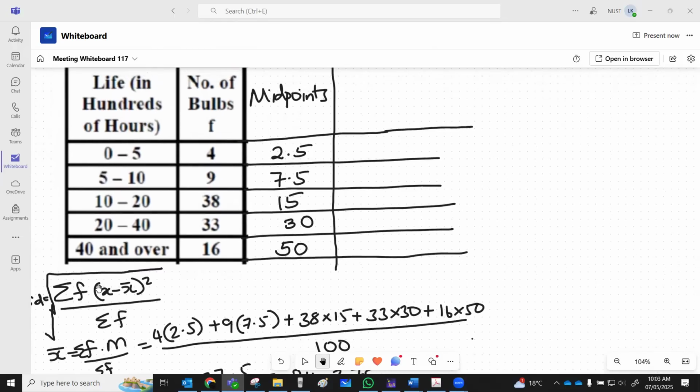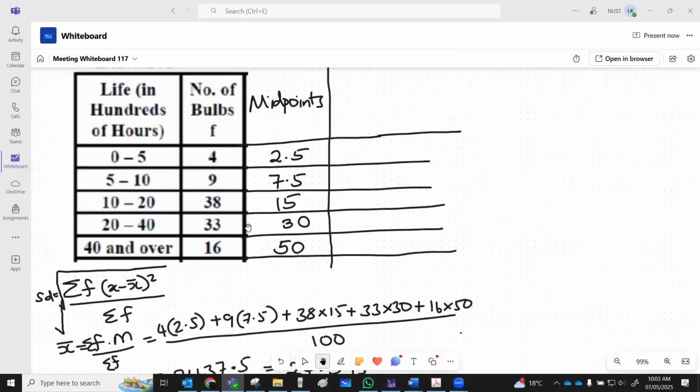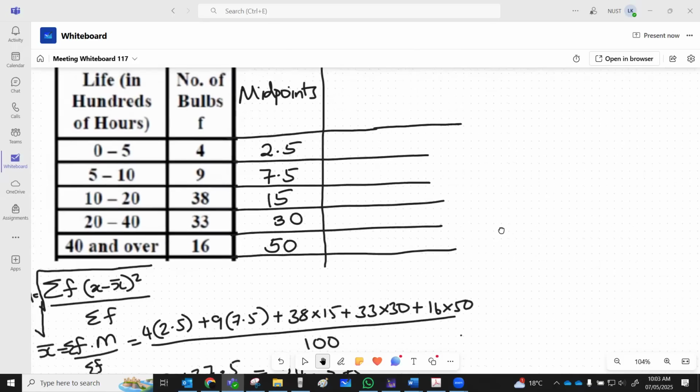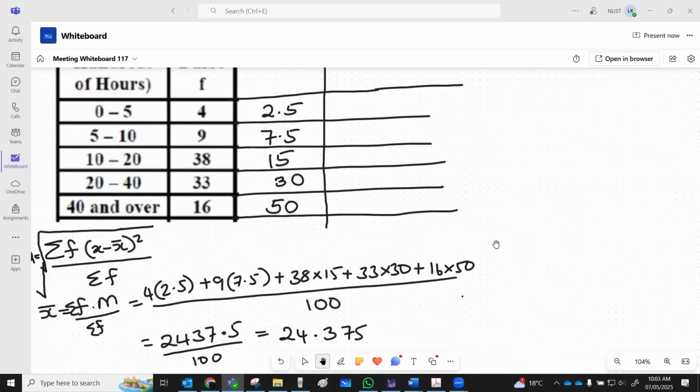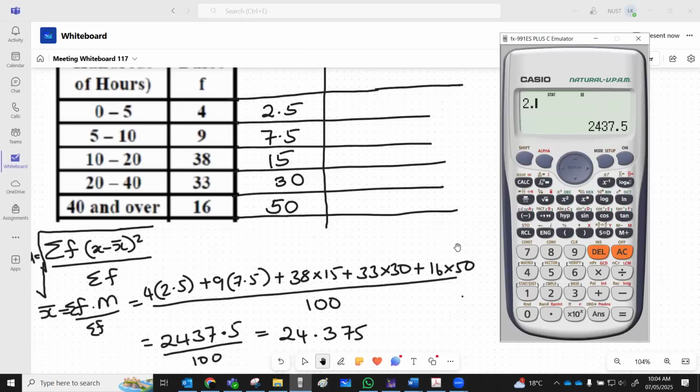Then you can see here, it's saying x minus x bar. So that means for each of the midpoints, you subtract the mean, 24.375. So you'll say 2.5 minus 24.375.